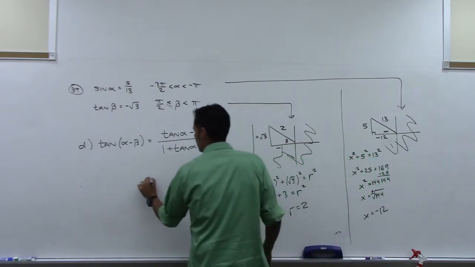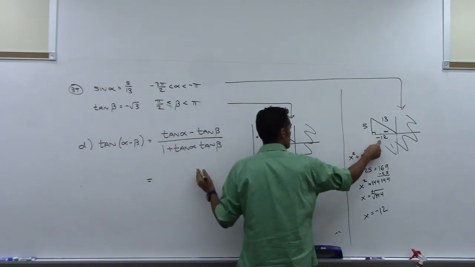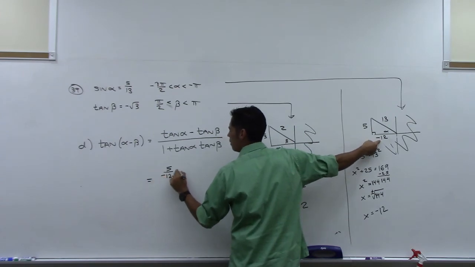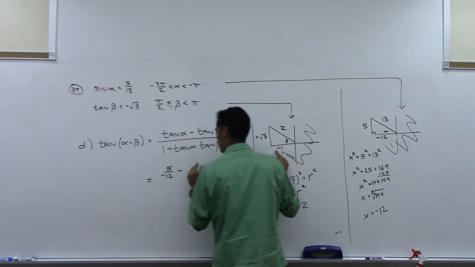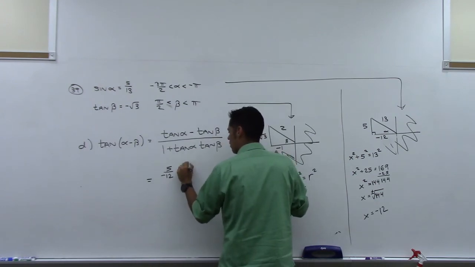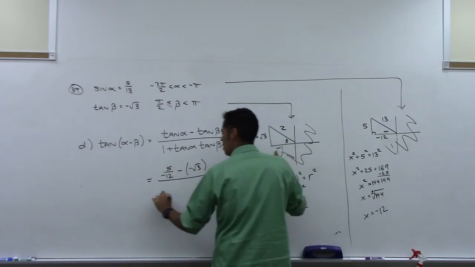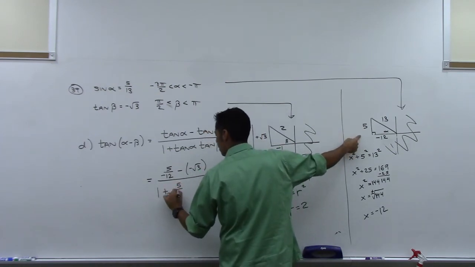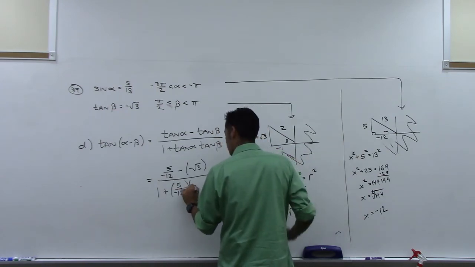And so what is tangent of alpha? Well, tangent of alpha, here's alpha. Tangent is this side over this side. So 5 over negative 12 minus tangent of beta. Tangent of beta is this over this. So we already know that that was negative root 3. All over 1 plus tangent of alpha we just did was 5 over negative 12, but that times tangent of beta, which was negative root 3.